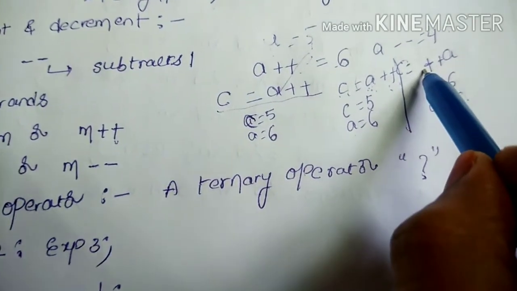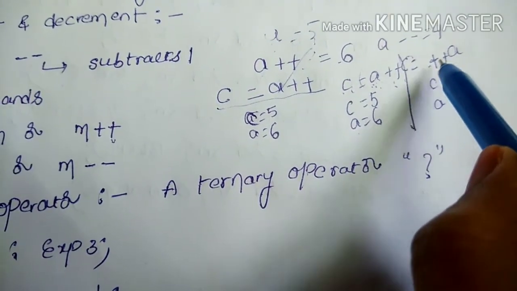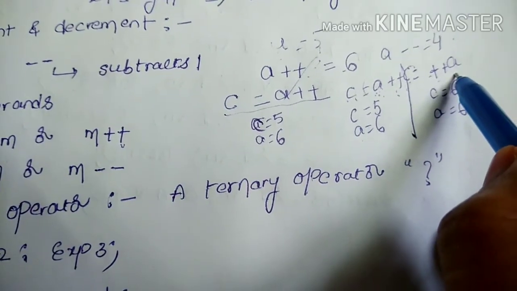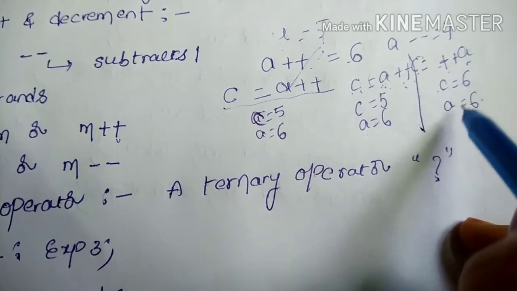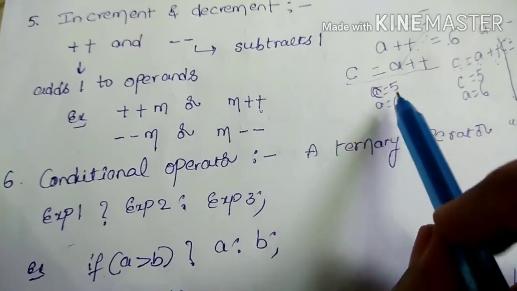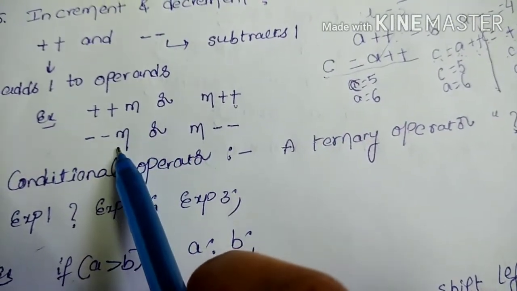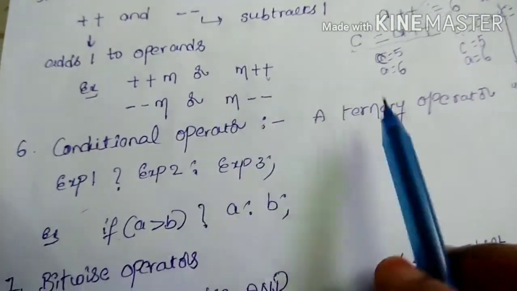In the prefix increment, first the value will be incremented and assigned, and then the value of the variable will be printed. So that is c is equal to 6 and a will be 6. So these are the increment and decrement operators. The same thing applies for minus minus, prefix decrement and postfix decrement.